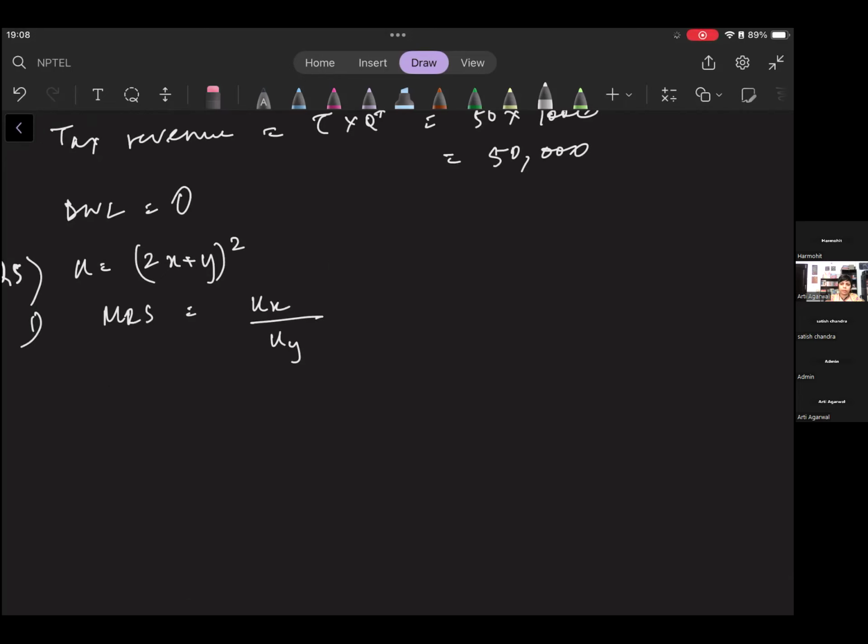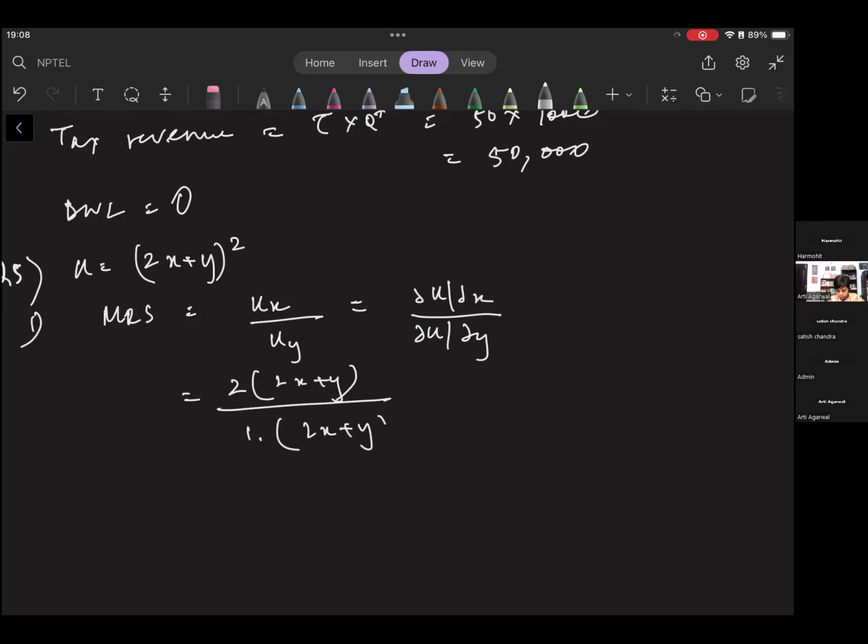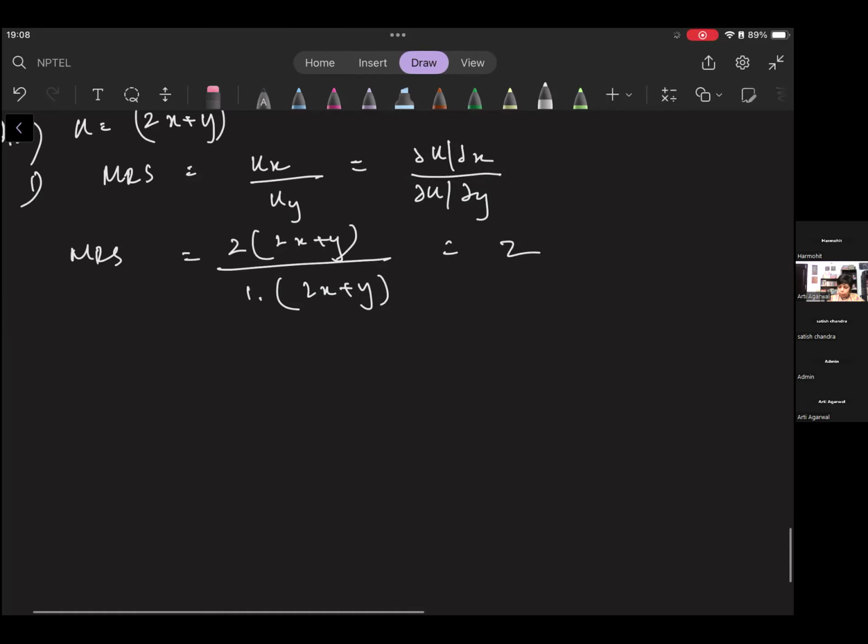Ux is marginal utility with respect to x, Uy is marginal utility with respect to y, which again, just to clarify, is del U by del X, and this is del U by del Y. So this becomes 2 into (2x plus y). This becomes just 1 into (2x plus y). This whole thing gets cancelled. MRS comes out to be 2. So that was simple enough, I hope. Next part.